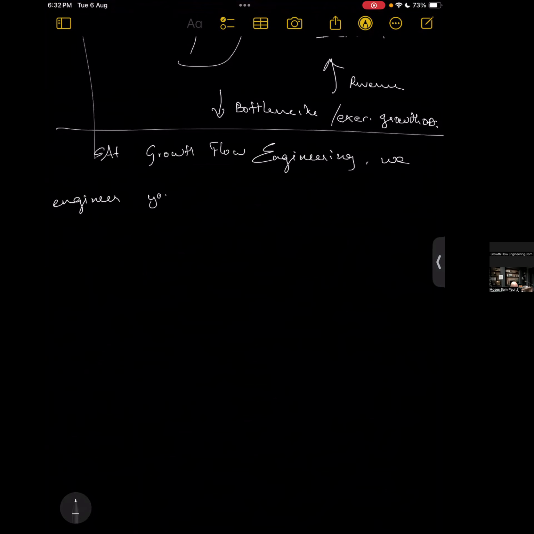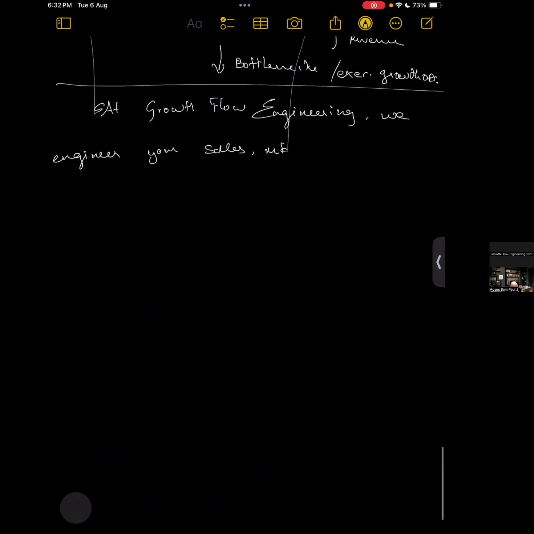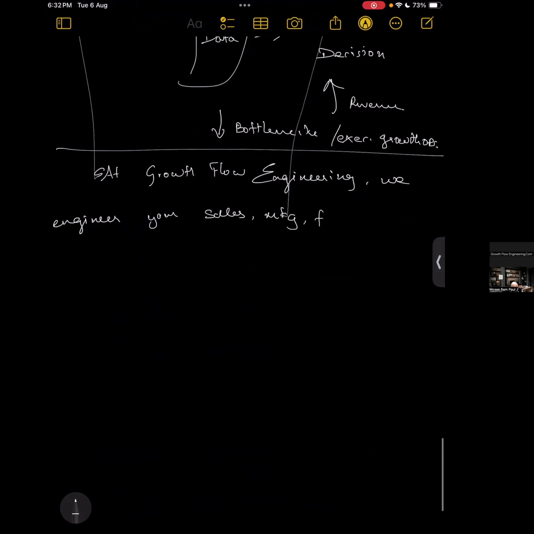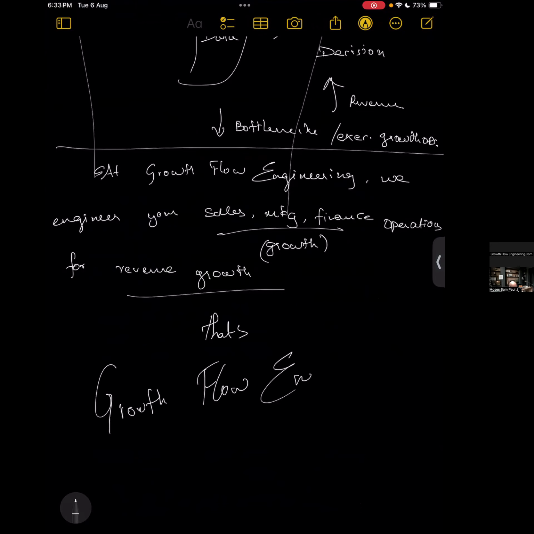We engineer your sales, marketing, and finance, which we know by now. These are all called growth operations. For what? For revenue growth. So that's growth flow engineering.